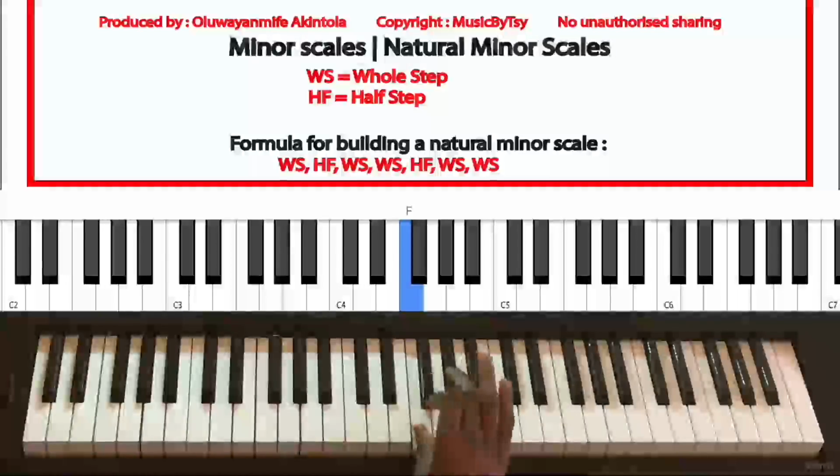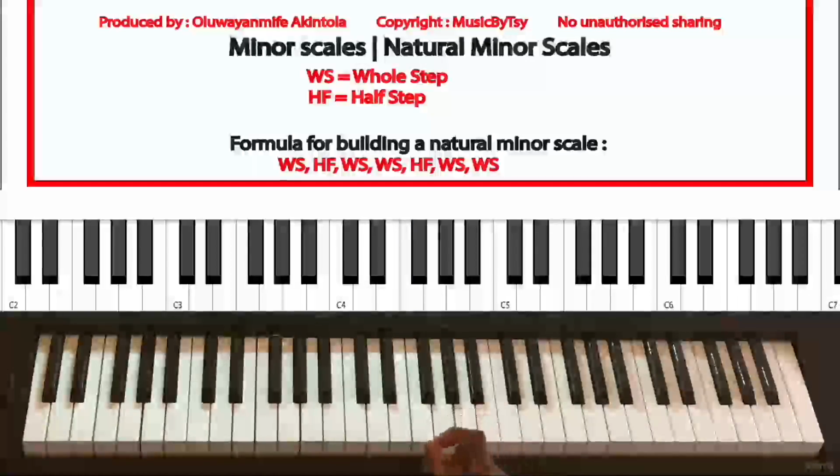So we landed on the key of F. Therefore, this means that the F major scale is related to the D natural minor scale. So what does this mean? Well, this means that the D natural minor scale and the F major scale both share the same set of unique keys.